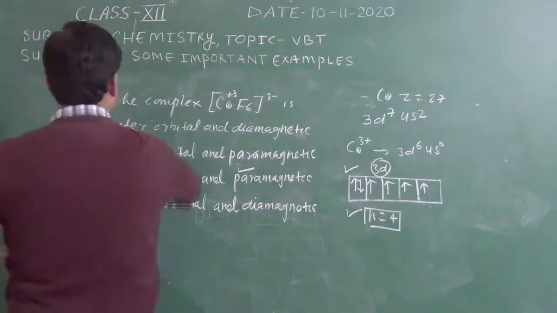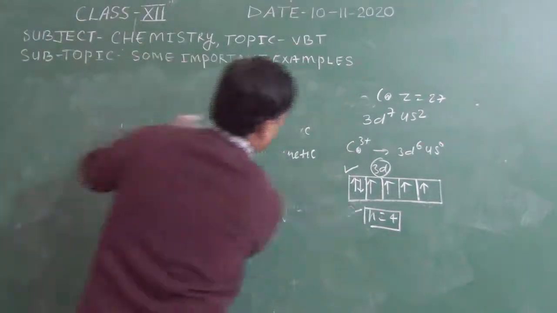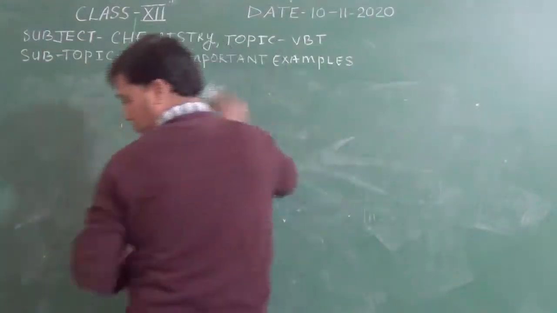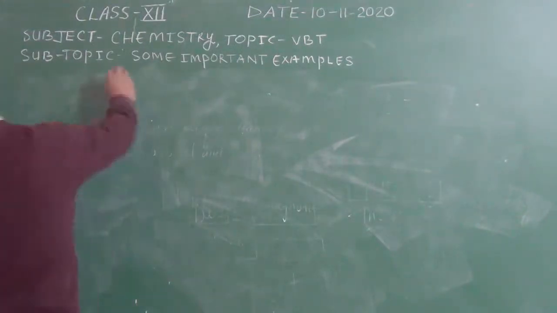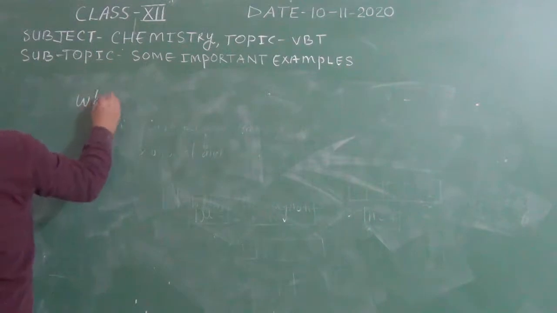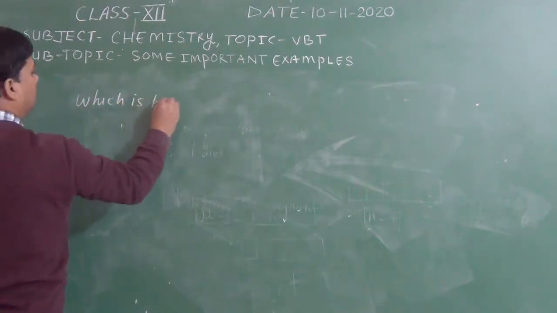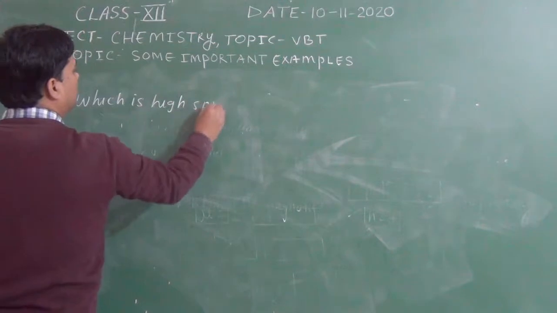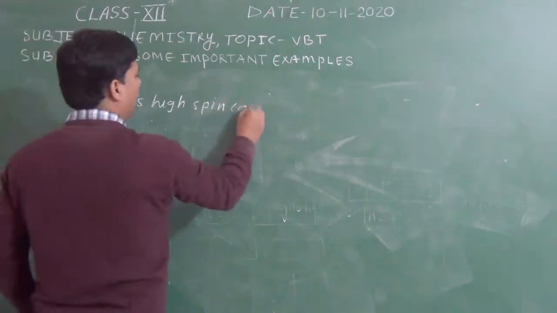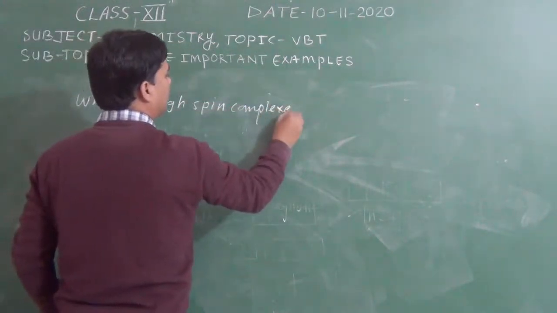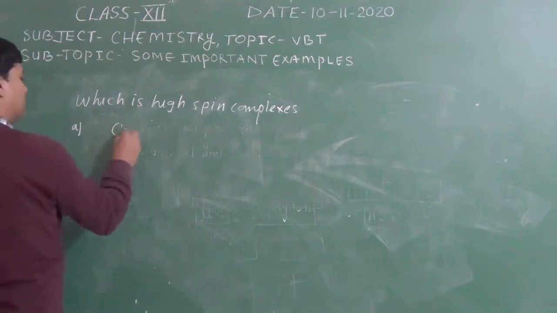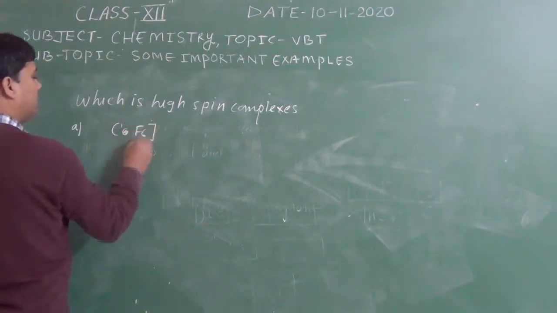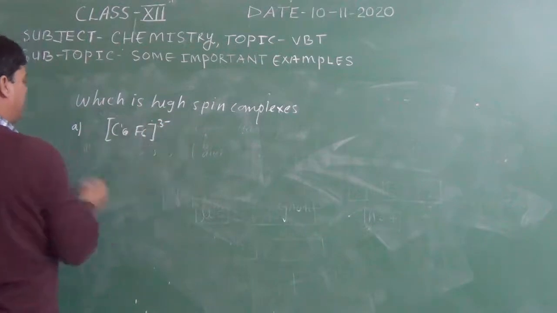Next question. Which is a high spin complex? Option A, CoF6 3-.